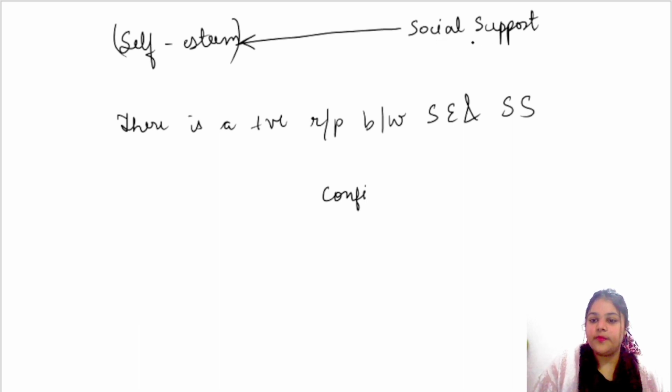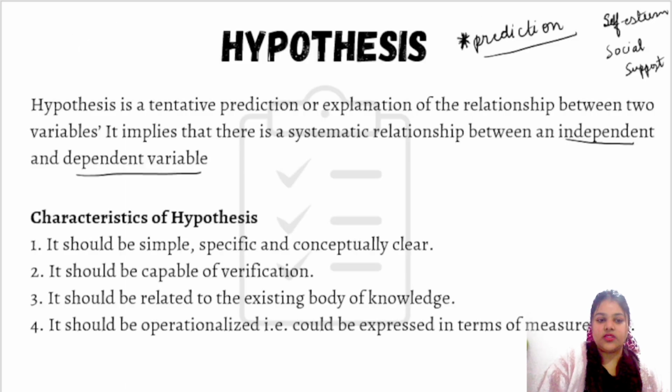So herein, social support is my independent variable and self-esteem is my dependent variable. So this particular statement is determining a systematic relationship between my independent and my dependent variable.